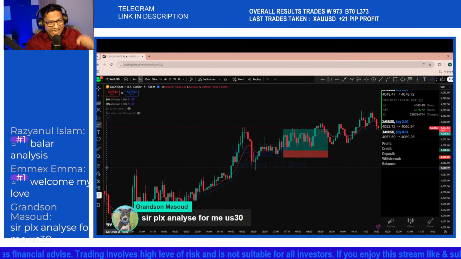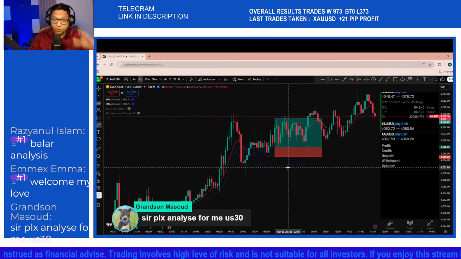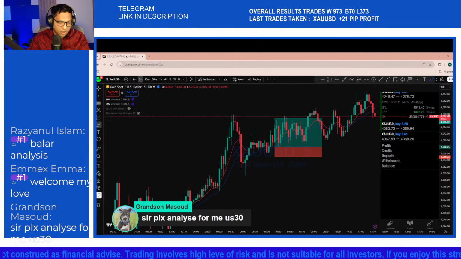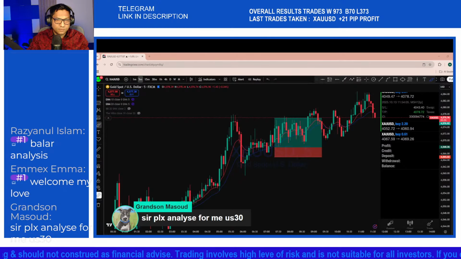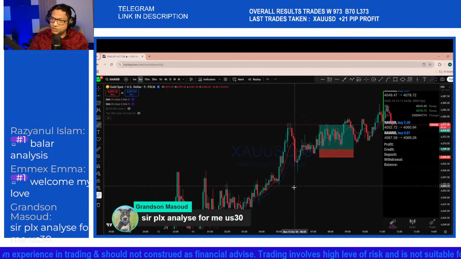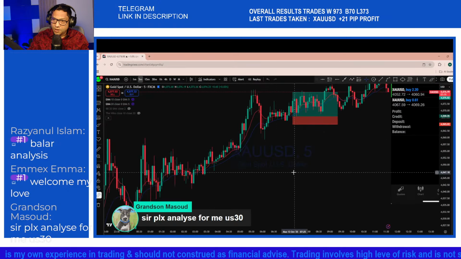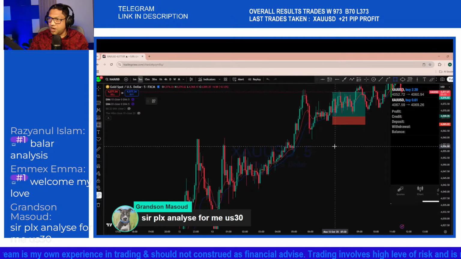This is what we expected at the beginning of the session, and you guys have probably seen the analysis that was posted during the weekly Forex forecast and other analysis that we have done. And the market has shown that reaction in that area. Now, how did the market show that pattern here? This is the market structure.